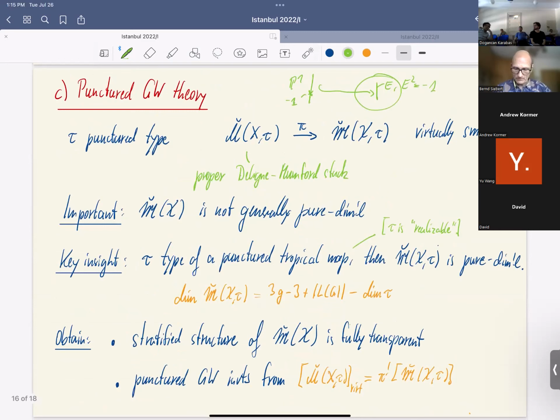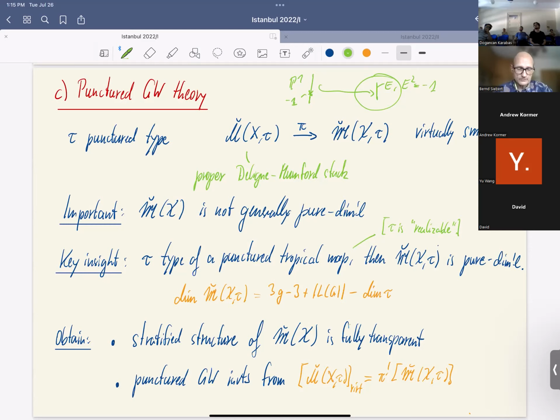Okay, I think I have to think about this example. I'm not sure how deeply one can understand it from what I said so far. What I want everybody to think of at the moment is that we have this technical enhancement or enlargement of ordinary log Gromov-Witten theory that allows these negative contact orders.